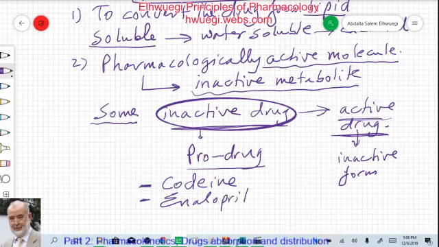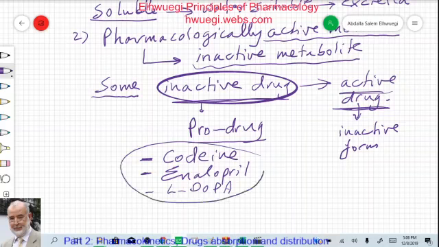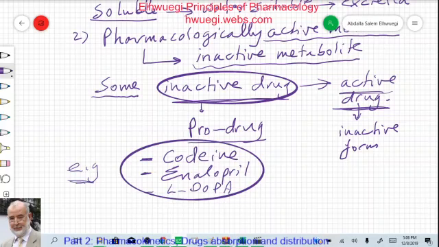Enalapril is an ACE inhibitor, which is used in treatment of hypertension and cardiac failure and different other uses, but mainly used as antihypertensive. Another example is L-DOPA, which is used in treatment of Parkinsonism. These are examples of prodrugs. They are converted by metabolism to active metabolite. Okay?